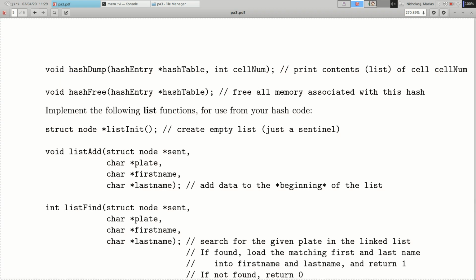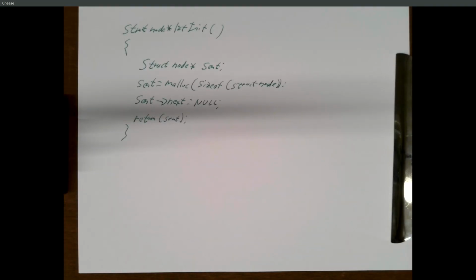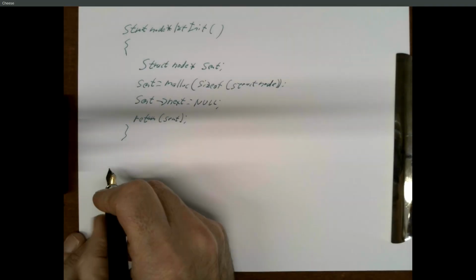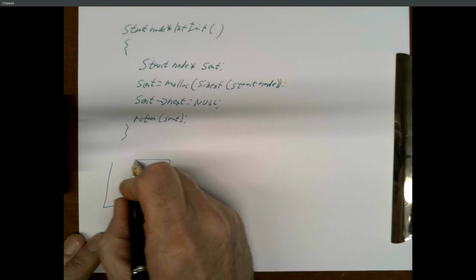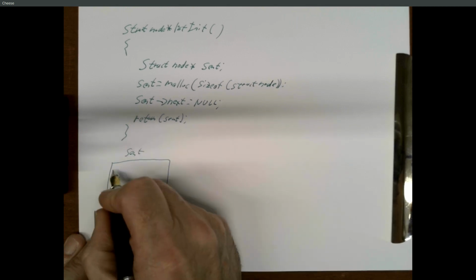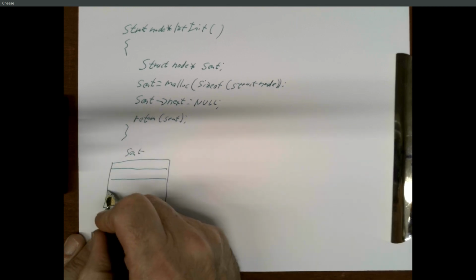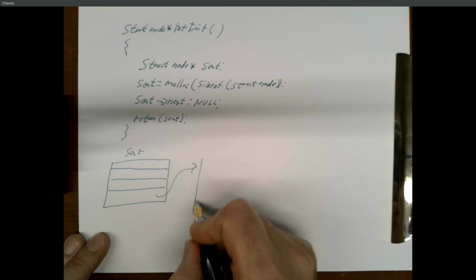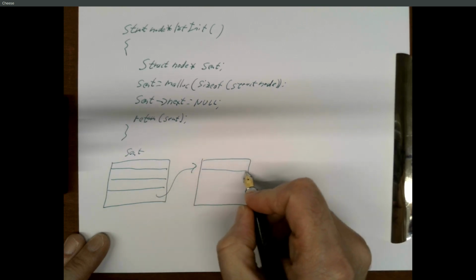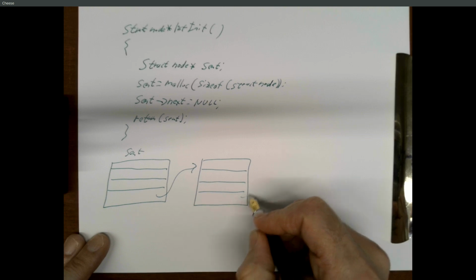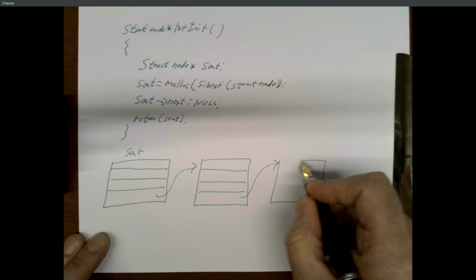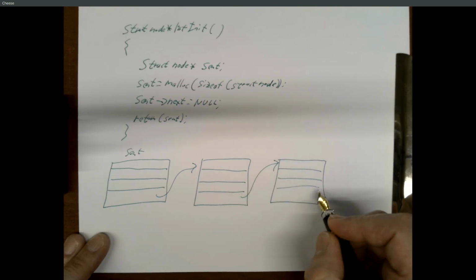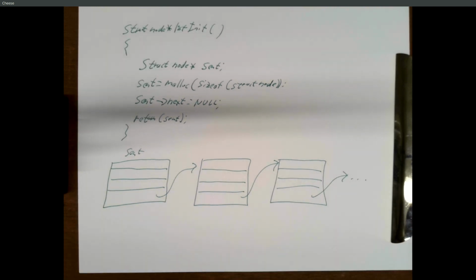Let's look at add, because add is a good representative. So our list looks like this. Here's a sentinel. We've got 3 data fields and we've got a next. And this points to our first node, and that points to our second node, and so on. So that's our list.